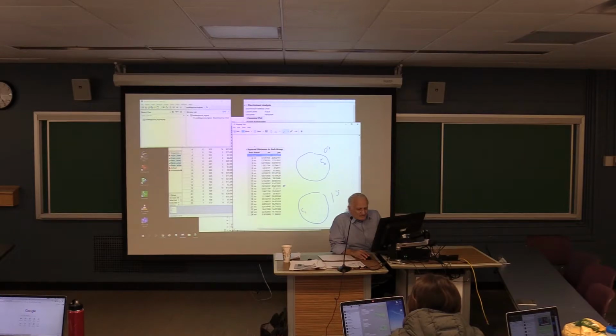You see, I on purpose do not make it the center because it doesn't have to be. When we are looking at these distances, these are the Mahalanobis distances.